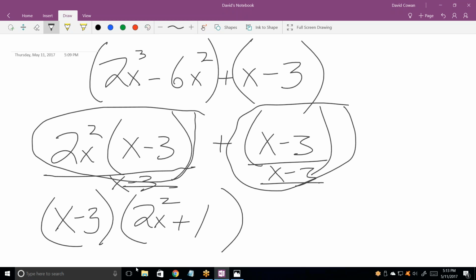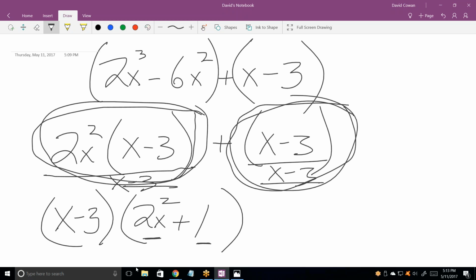Remember, that's what that term is, your first term divided by x minus 3. This term is your second term divided by x minus 3. If I were to multiply these two things back together again, I would get what we started with.